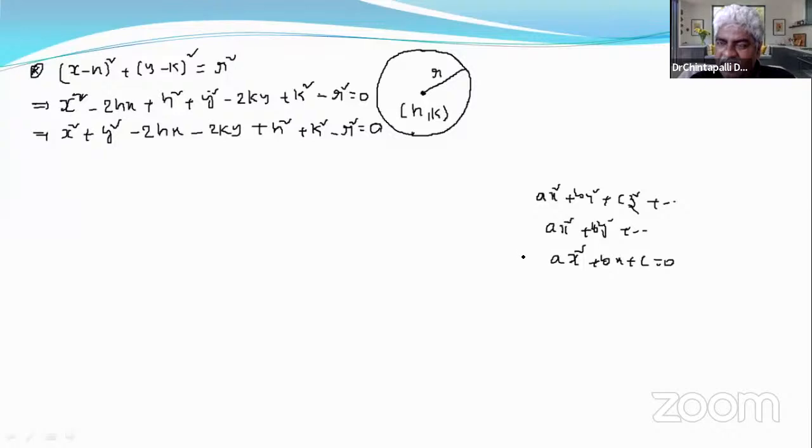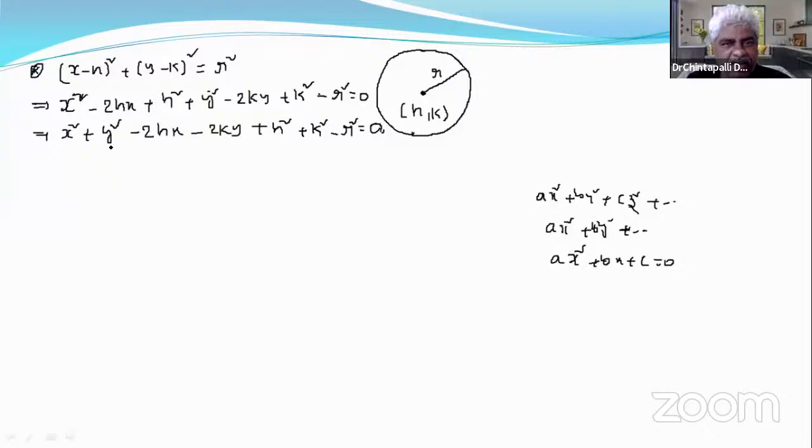The second degree equation in x and y is ax square plus by square plus something like this. Now it is a second degree equation in x and y.